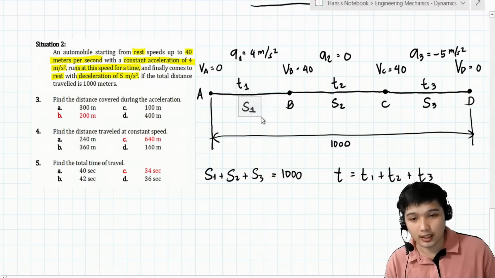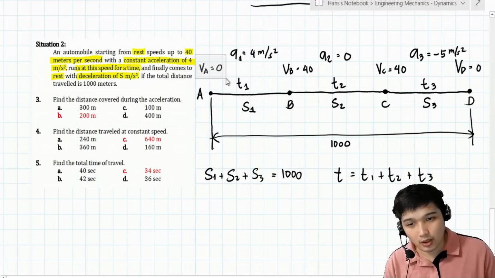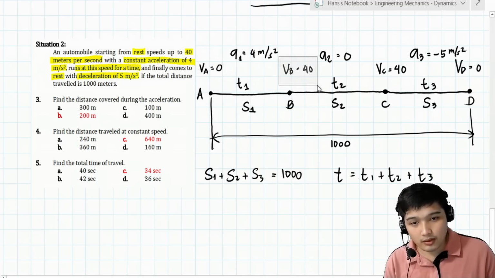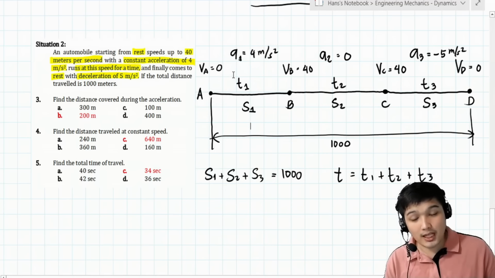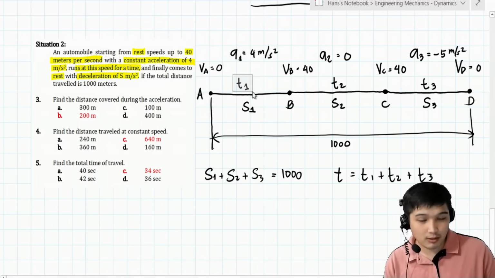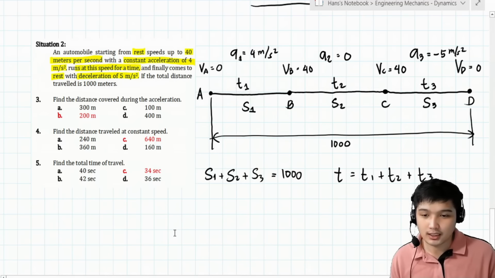How do we get S1 if we have the initial velocity, final velocity, and acceleration? We can't use equation 2 because we don't have T1 yet. So what we can use is equation 3.